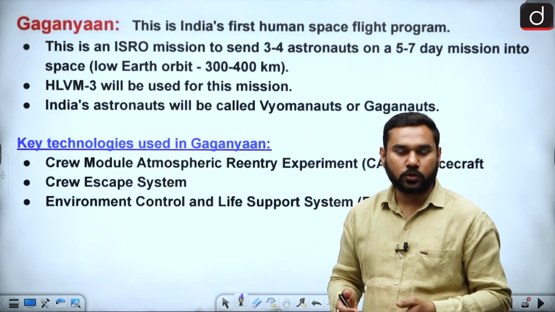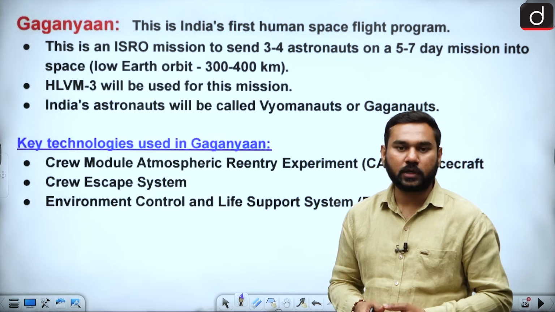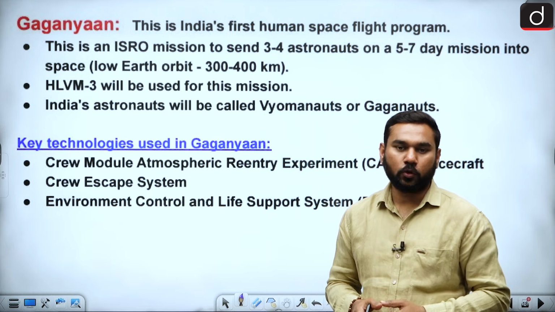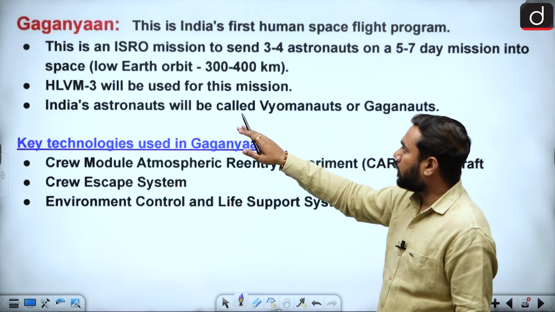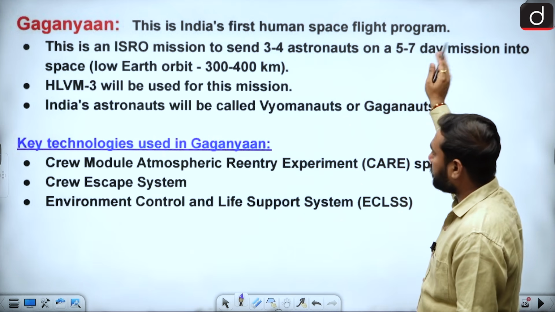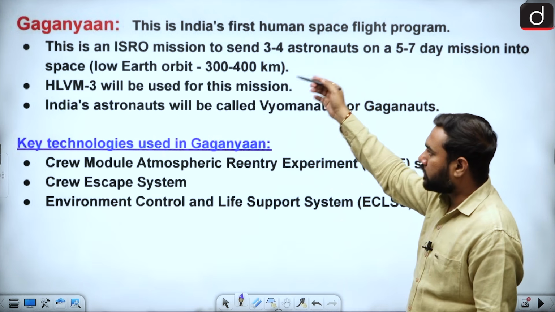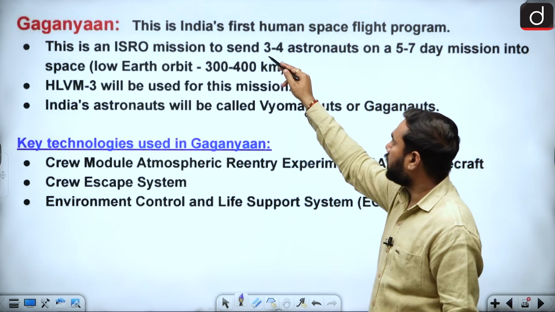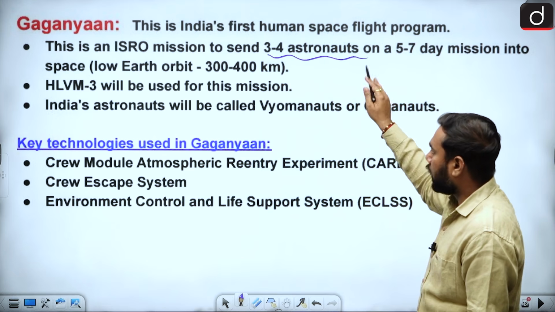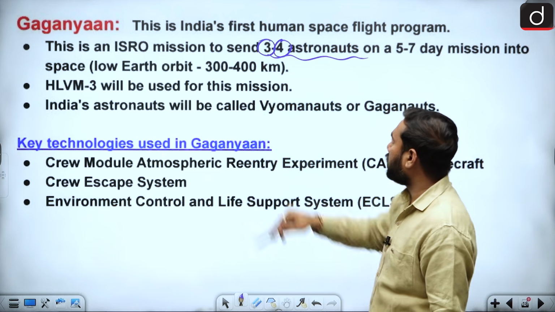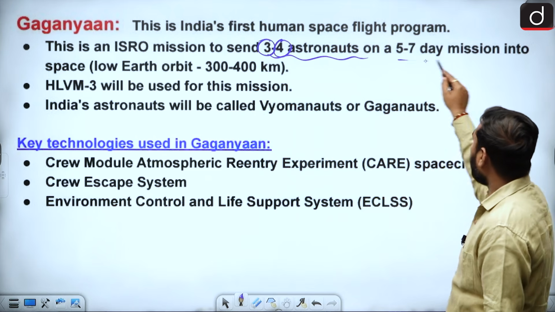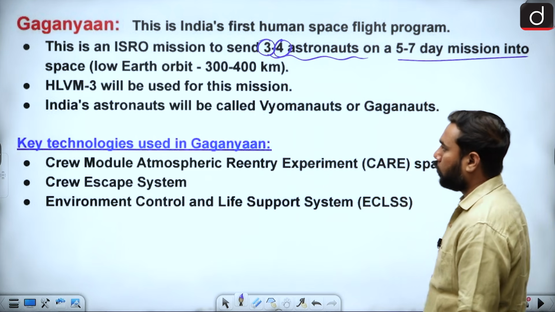By this, we also want to gain the capability to send a human into space and also better control in space technology. So Gaganyaan is India's first human space flight program, an ISRO mission to send 3 or 4 astronauts. Now it is confirmed we selected 4 persons but will send only 3, for a 5 to 7 day mission into low Earth orbit.